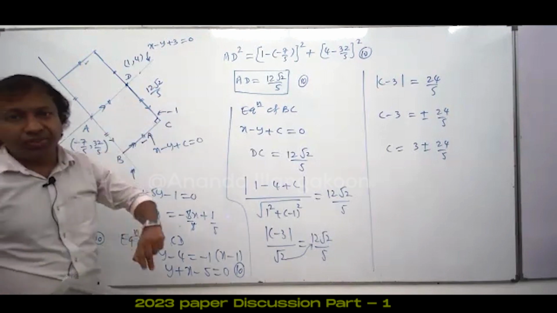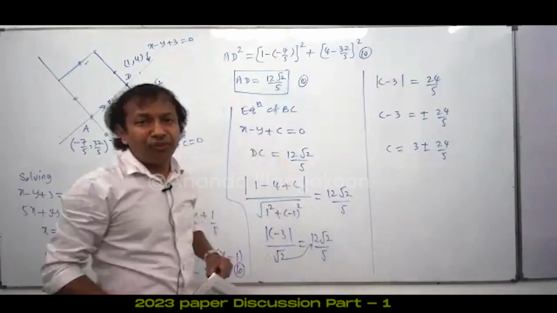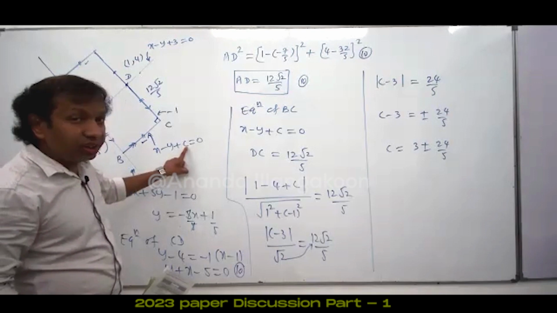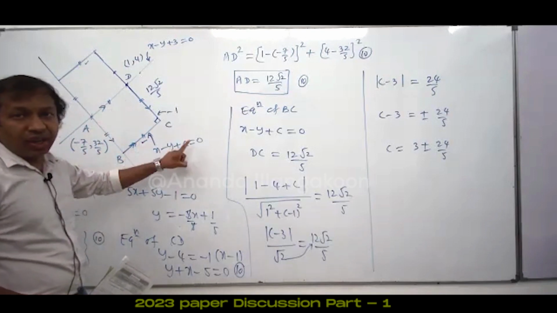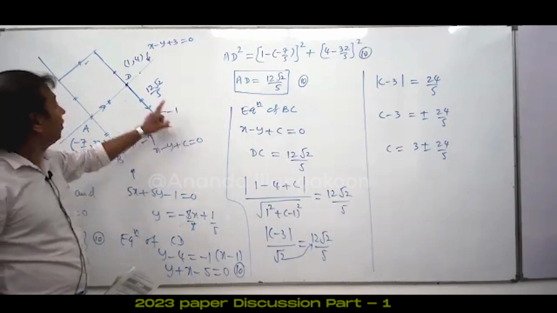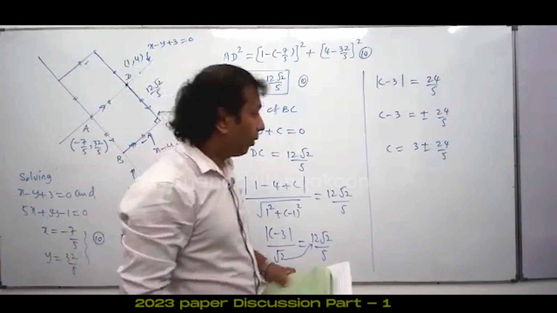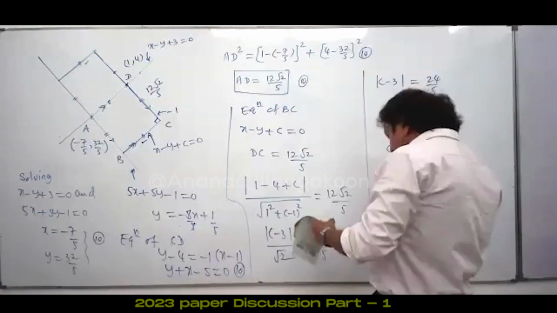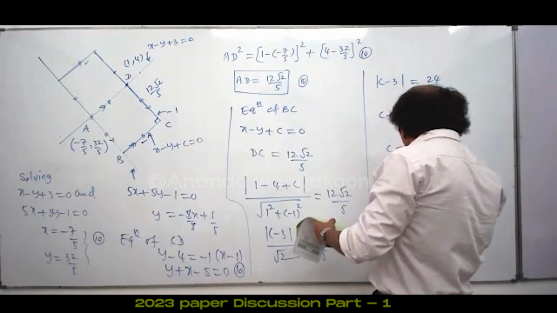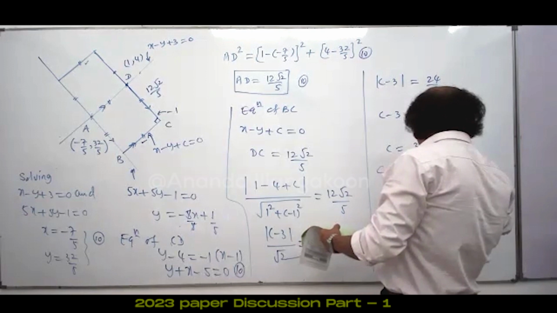That is why we get two answers for C. Then one C will give this equation. Other C, when you put here, we get the other equation. That is how we find the two sides, right? Then simplifying this, we get the two answers for C. One is 39 by 5. Other one we get minus 9 by 5.